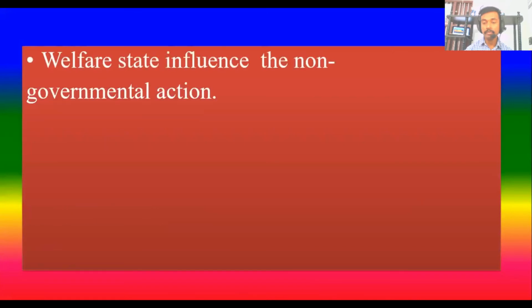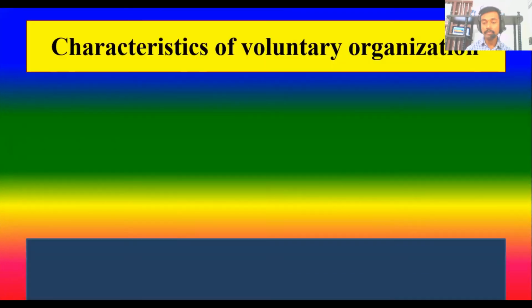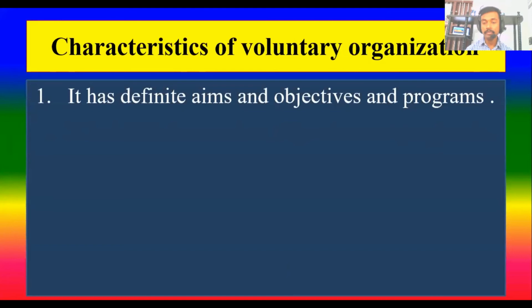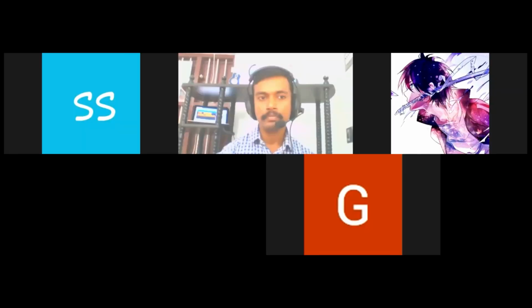Then characteristics. First, it has a definite aim, objective and program. For example, hospitals aim to provide healthcare services.